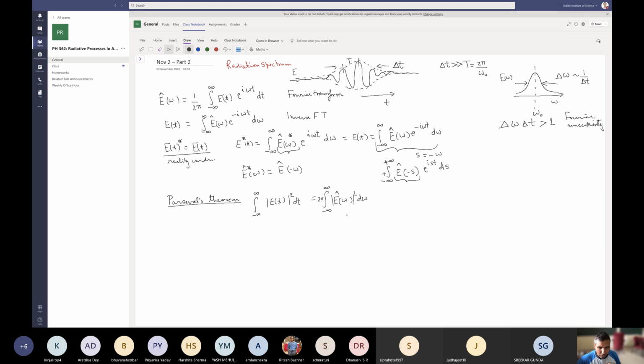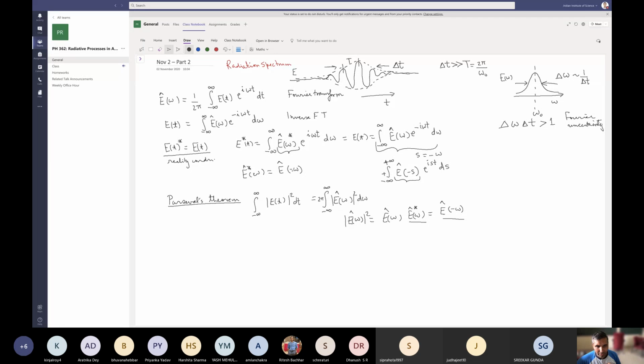So the absolute value of E hat omega squared is equal to E hat omega times E hat star, the complex conjugate, right? But we know that E hat star omega is equal to E hat minus omega, so this is the same as this from this equation.